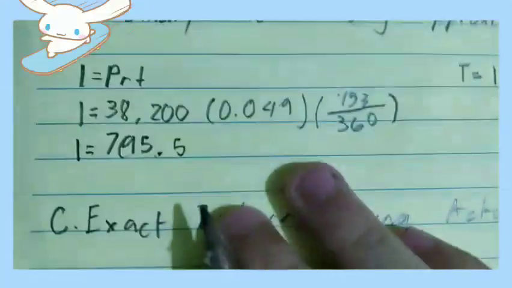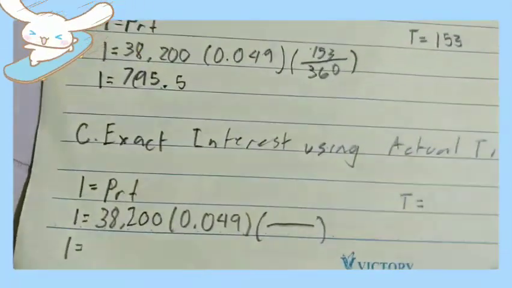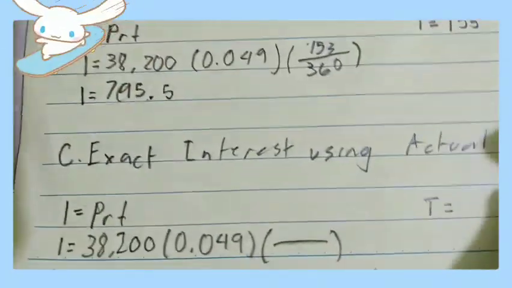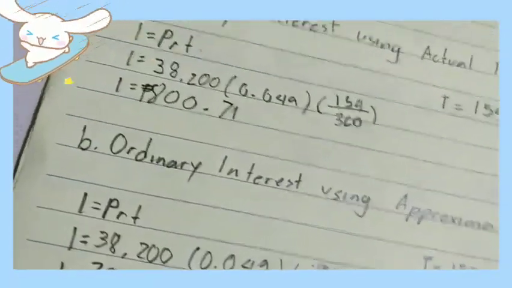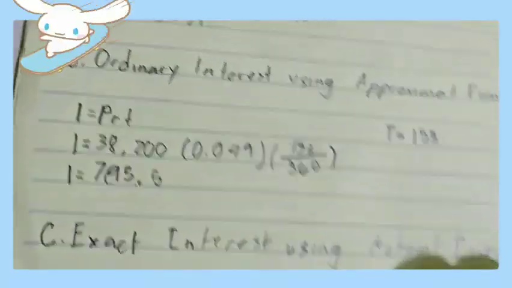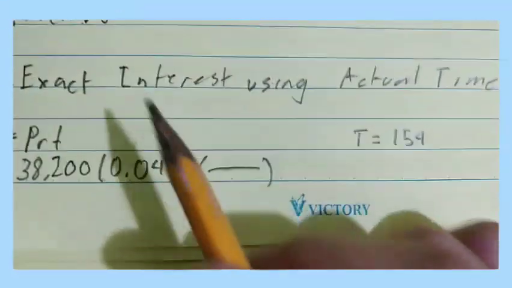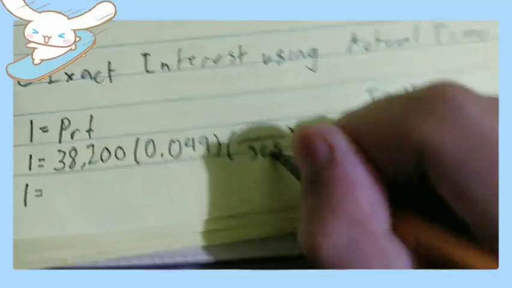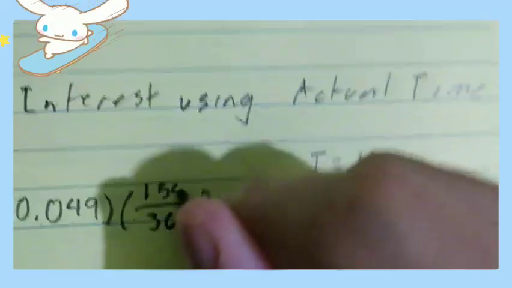Alright, so let's move to letter C, exact interest using actual time. Since it's actual time, we have to use 154. But this time since we're using exact interest, our days will be 365. And put the time here, 154.